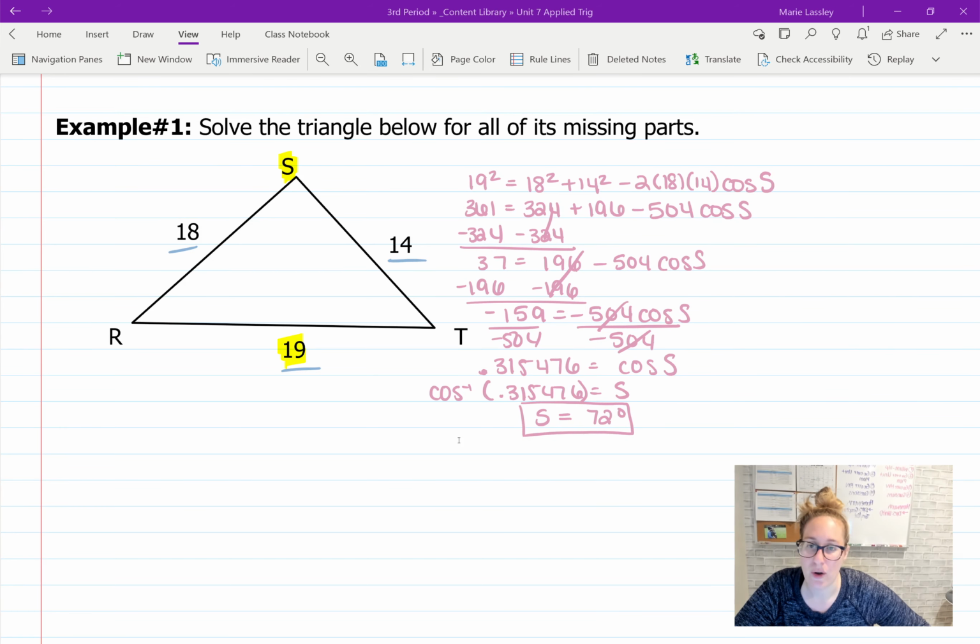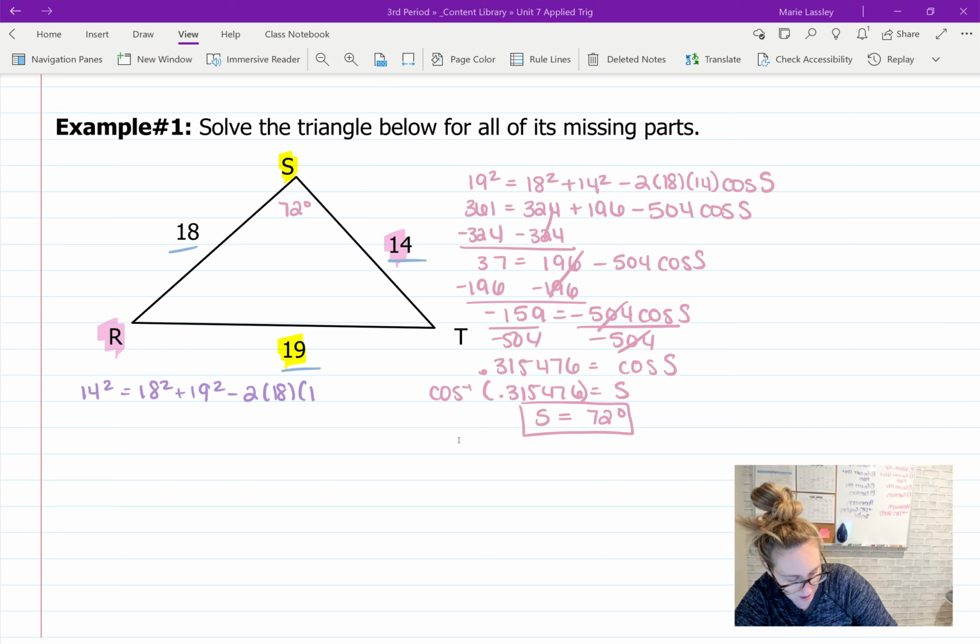Now we're going to pick another angle. Doesn't really matter. Since we did the biggest, why don't we just do the smallest? So let's go for 14. Let's do R next. So we have 14 squared equals 18 squared plus 19 squared minus 2 times 18 times 19 cosine of R. Now I'm going to do this a little bit faster.